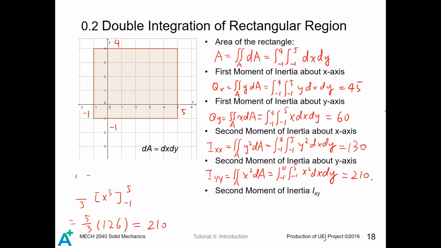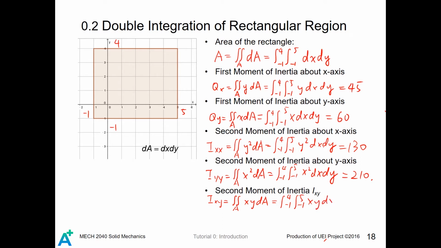And finally, Ixy equals the double integral over the entire region of xy dA, which equals the integral from -1 to 4, integral from -1 to 5, of xy dx dy. In this case, bear in mind that it is a little bit complicated, because xy are stuck together.